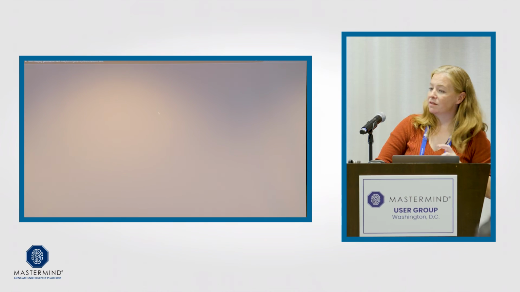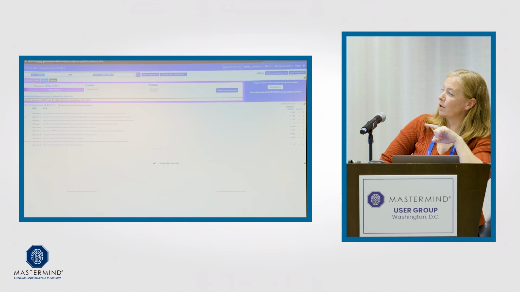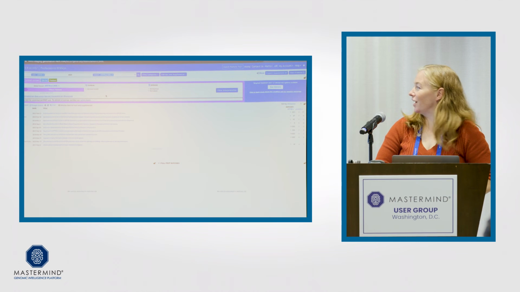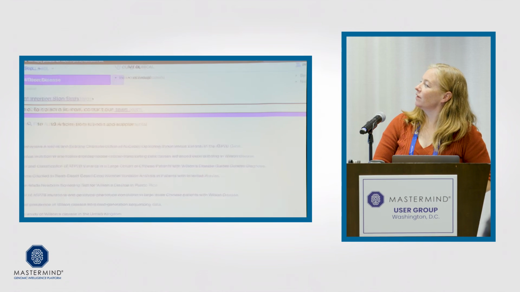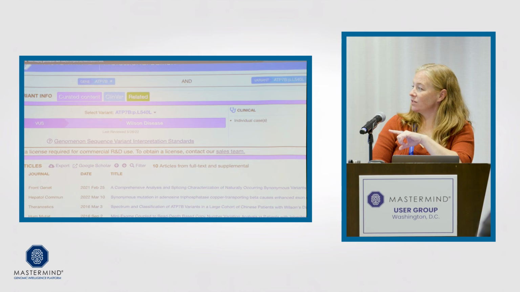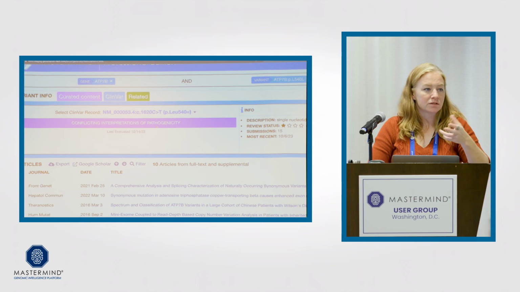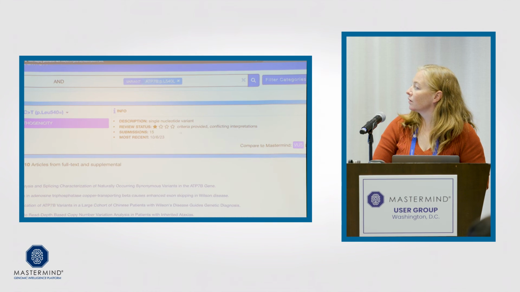If I jump across to that variant, what that's going to then give me is our curated content breakdown. Right. Yeah, sorry. It's hard for me to navigate. And so this is Genomenon's curated content. And we have said that this variant is a VUS. ClinVar has conflicting, so some agreement at least. Obviously, came out pretty recently, 15 submissions.